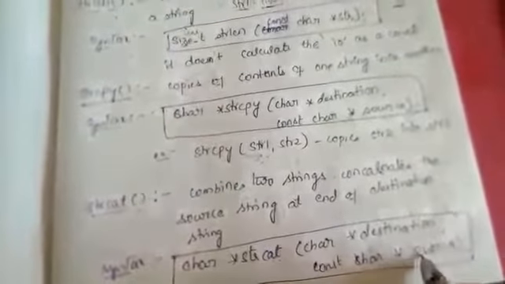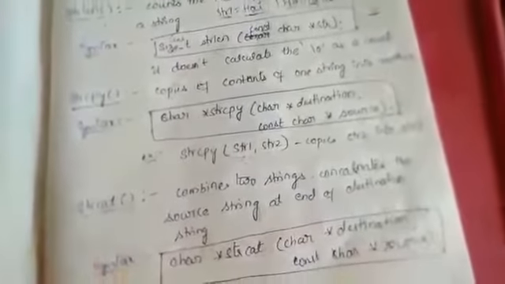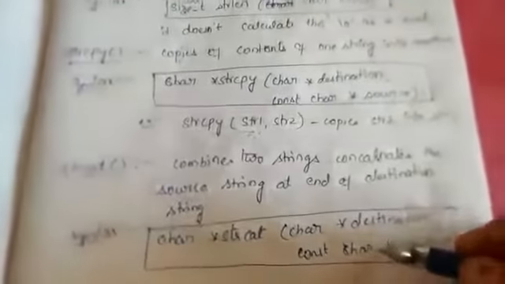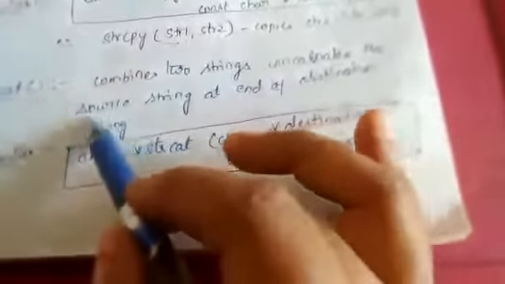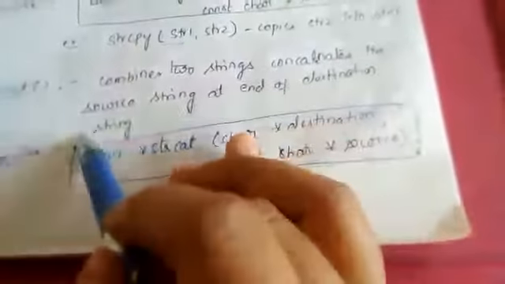You give the source and destination, and it combines these two strings. How does it combine? It concatenates the source string at the end of the destination string.